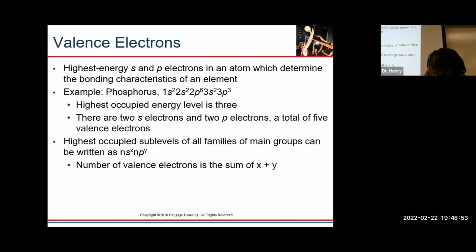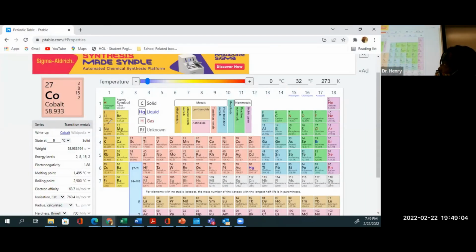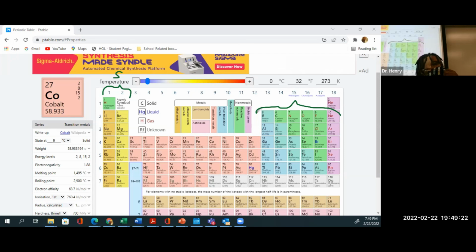So let me put that in perspective here. We're talking about the S and the P. If you count all the electrons in the S and P, they represent 8 electrons, an octet, okay? A noble gas is considered noble because its outer shell is full, meaning its octet is full.